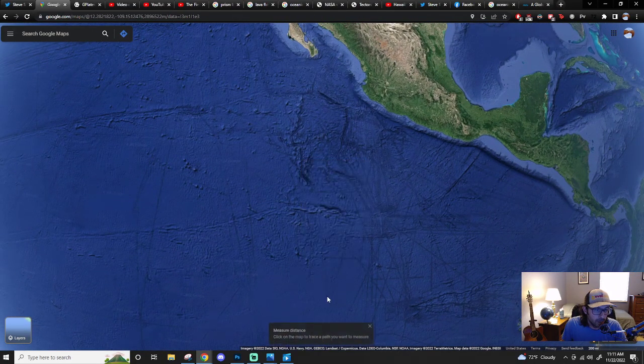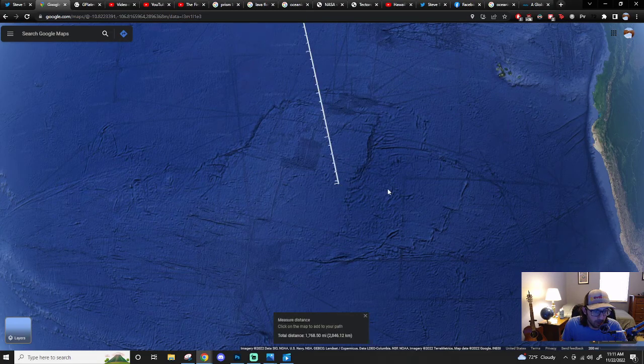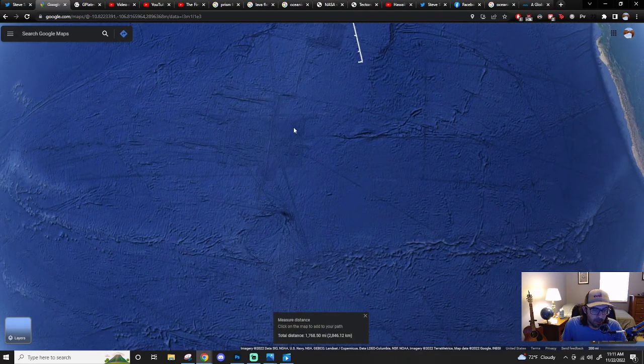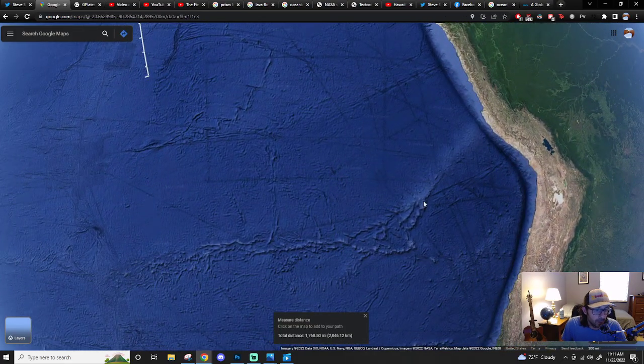This one, the center of it is maybe here. It's really not hexagonal. This is hexagonal.